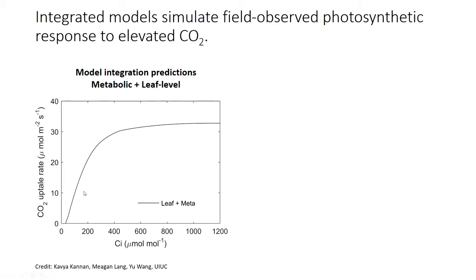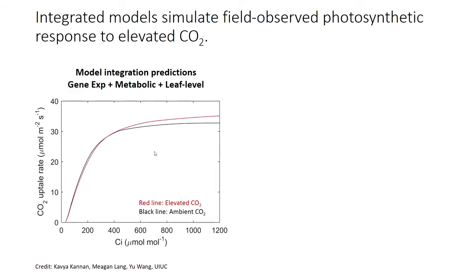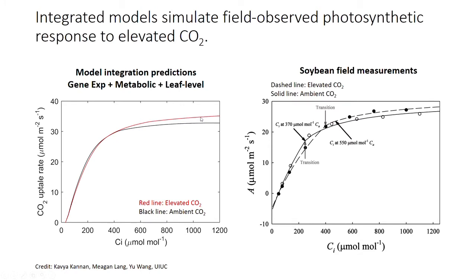If we integrate just the metabolic flux model with the macro level leaf photosynthesis model, we get a good A/Ci curve, but it's unable to predict carbon assimilation under elevated CO2, so it's blind to environmental concentrations of CO2 until we add the gene expression data. And now we're able to get this change in photosynthetic capacity under elevated CO2.